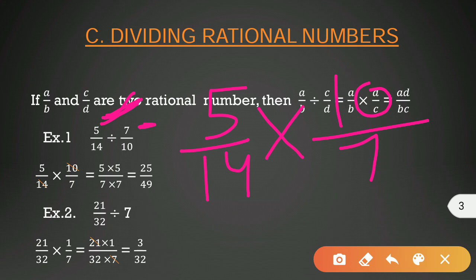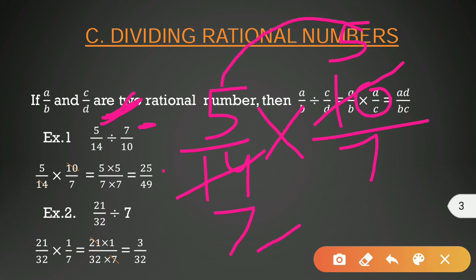You can also cancel this. If you cancel this by 2, it gives you 5, and this, if you cancel by 2, gives you 7. Now 5 into 5 gives you 25, 7 into 7 gives you 49.